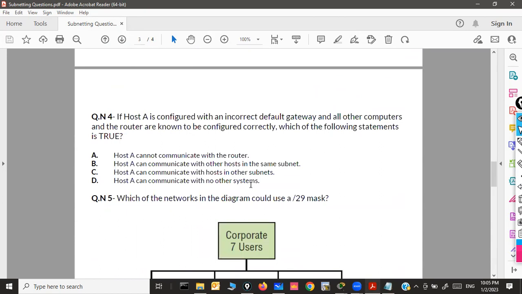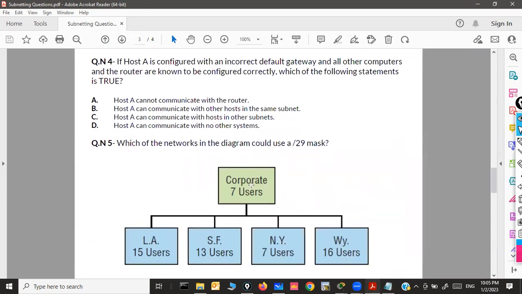Okay, so now here is question number 4. Host A is configured with an incorrect default gateway. And you now understand the role of a gateway. And all other computers and the router are known to be configured correctly.